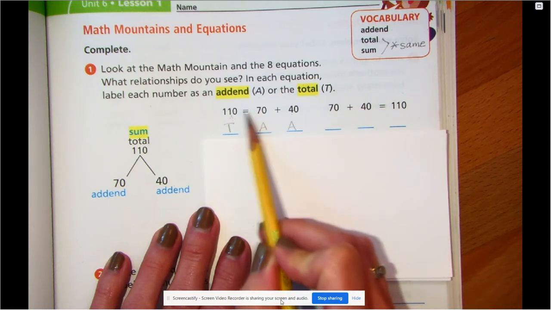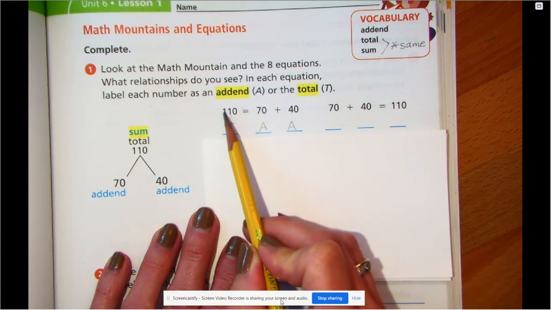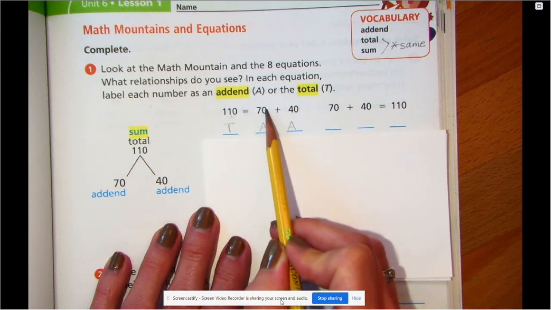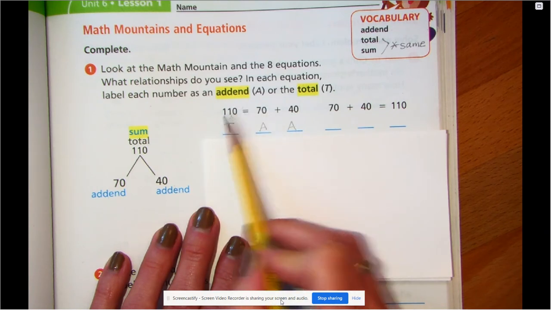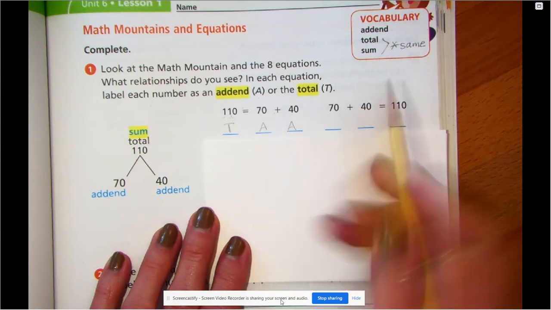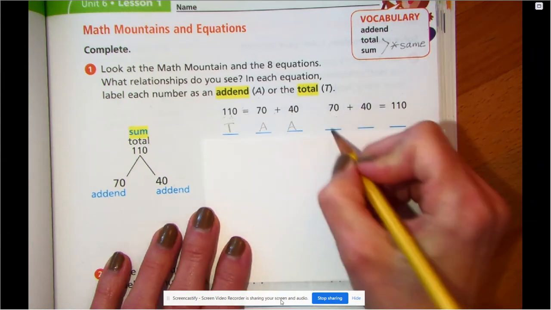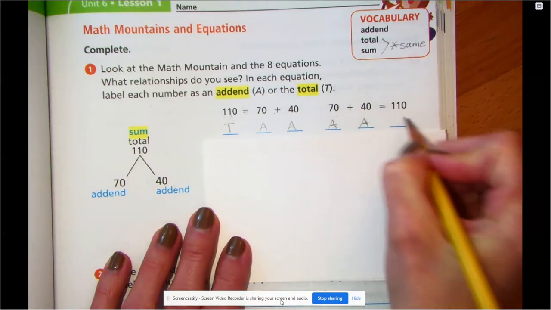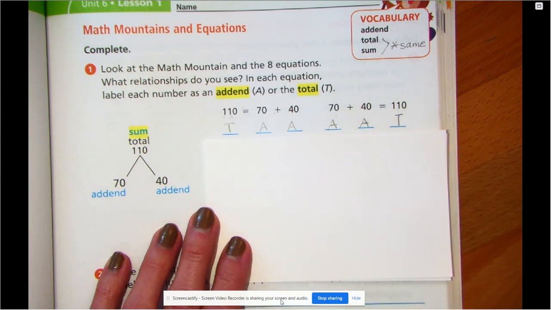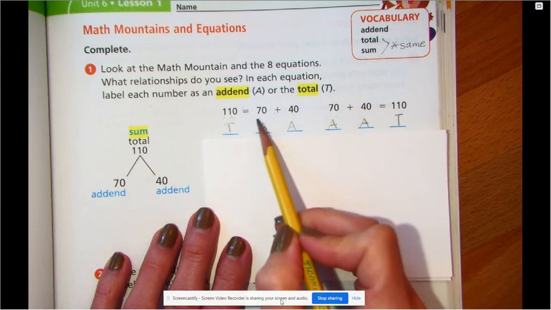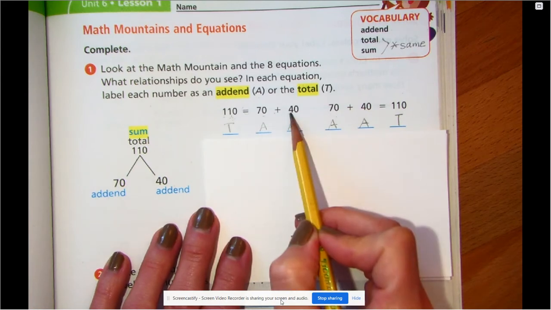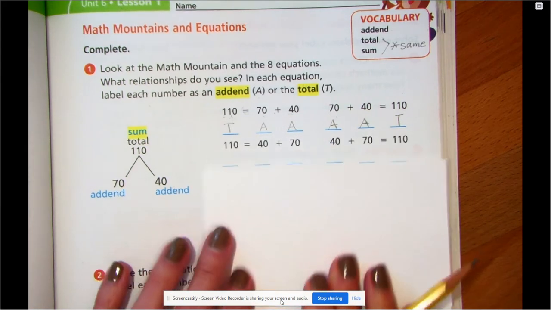The equal sign just means that the value on either side will match. So this side is 110, this side is 110. So on this matching one, we're just going to put the addends first, and then we're listing the total. Okay, so there is where we've added these 2 addends together to get that total.